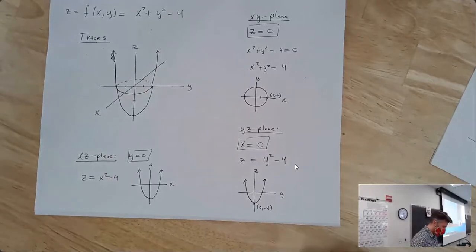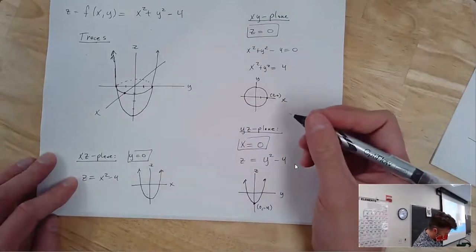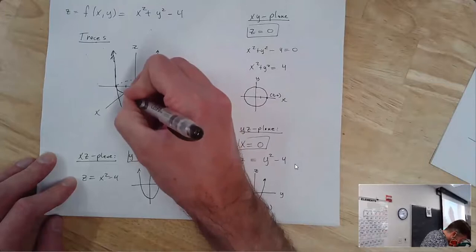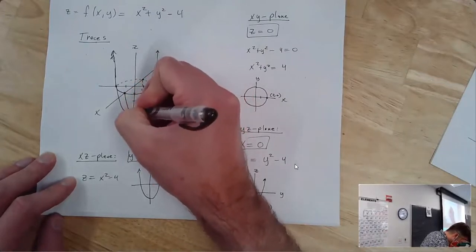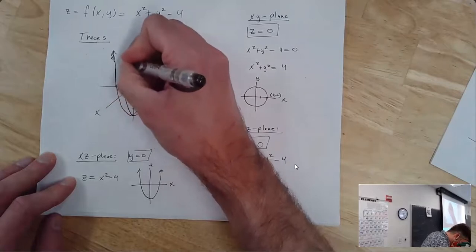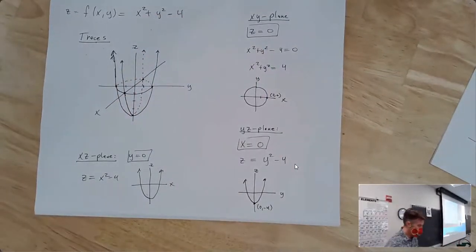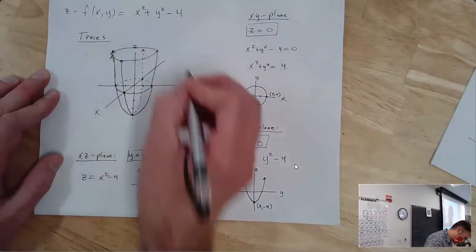And then finally, I'm just going to take that point where my circle meets the x-axis and that point there and try to draw the parabola through them. And maybe I'll draw another little circle up here.